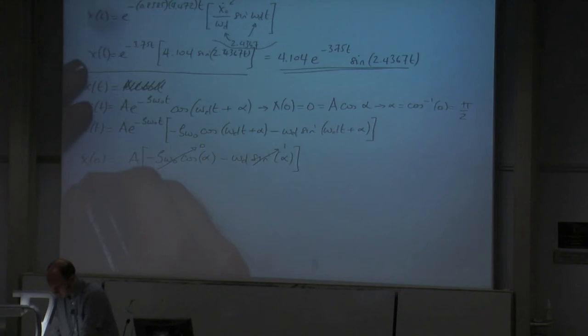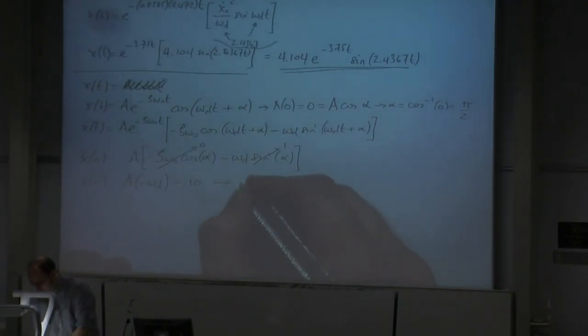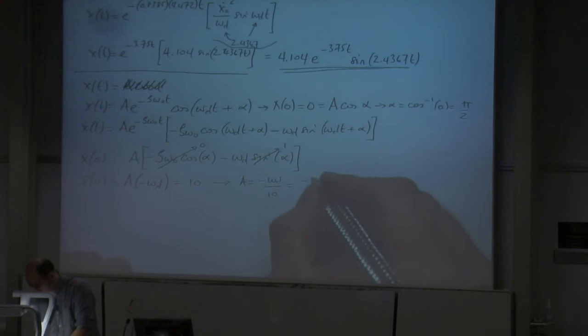So now x dot 0 is A times minus omega d, and then we know that equals 10 meters per second. So therefore A must be minus omega d divided by 10. So that's minus 2.4367 divided by 10.